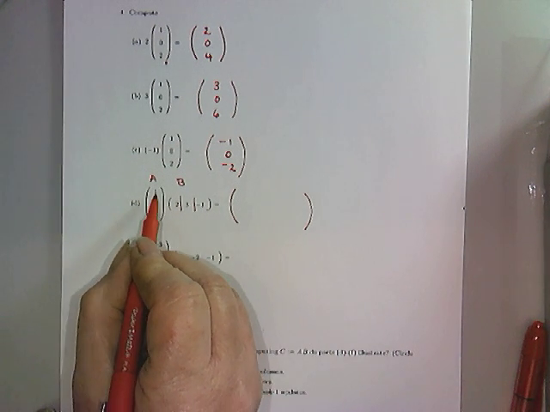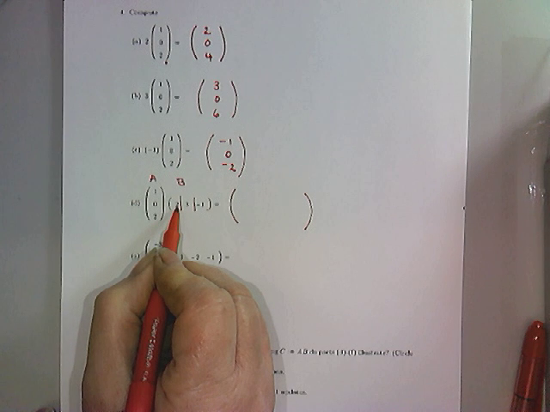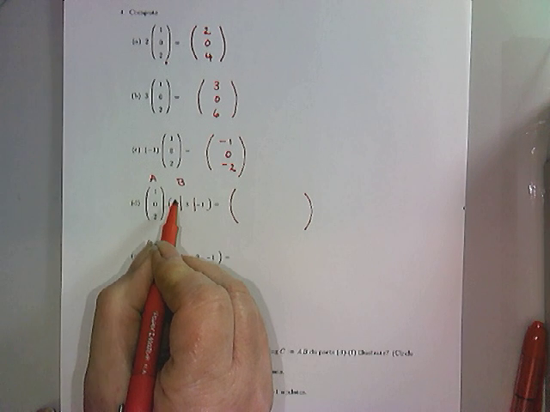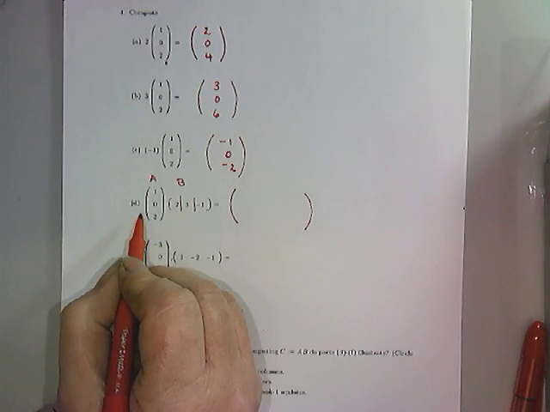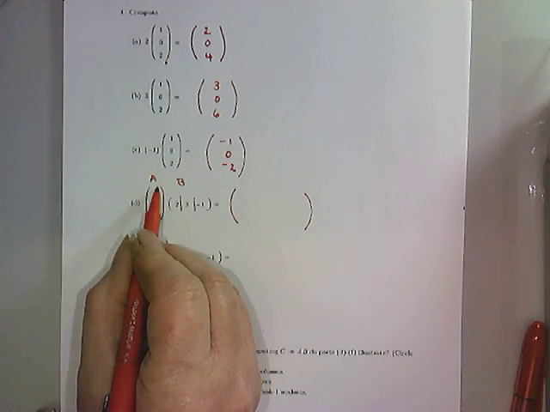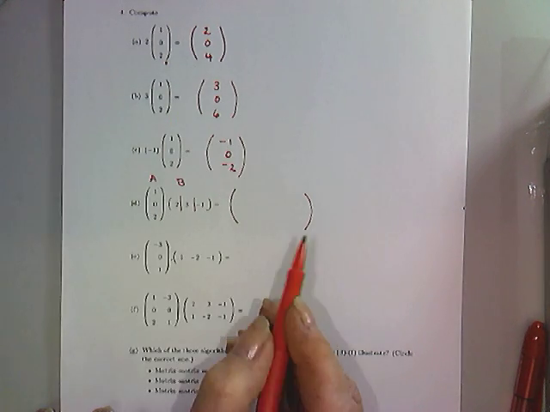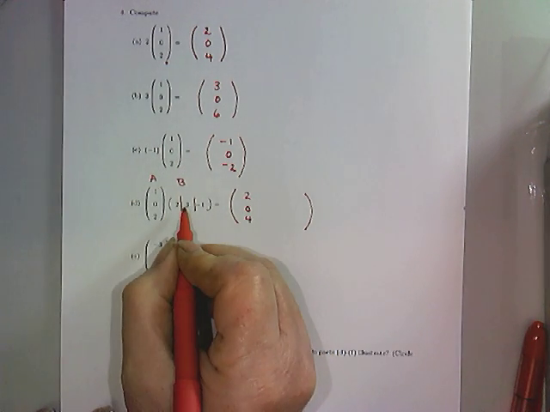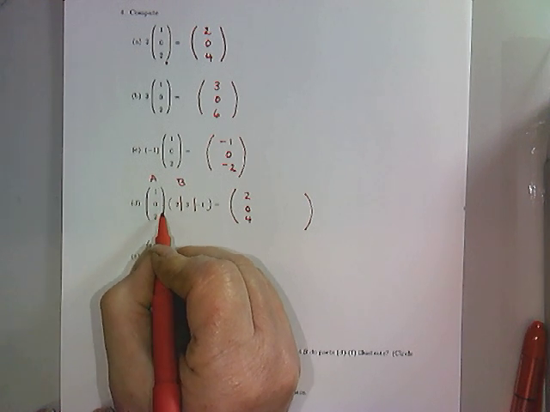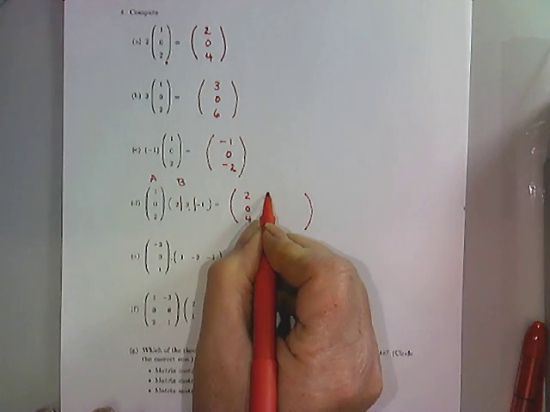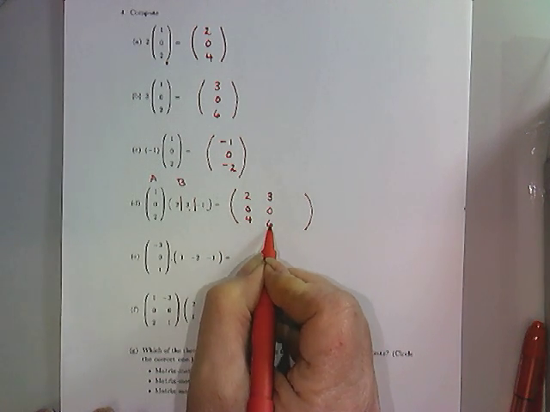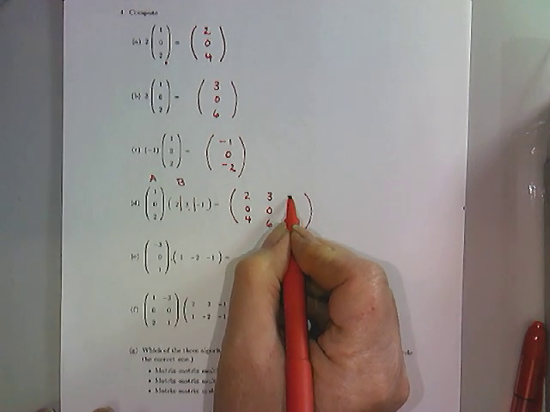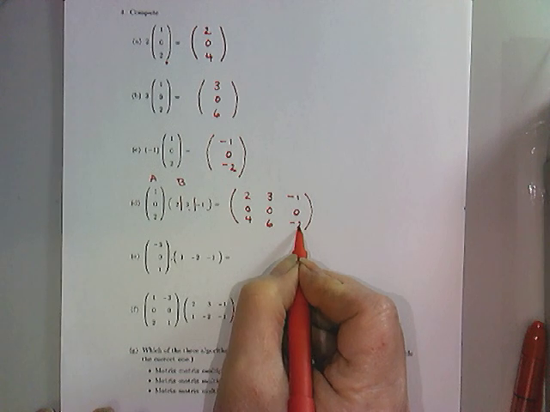And I know that 1, 0, 2 times, these are just scalars for each one of the columns, so I can change the order in which I multiply, and this is equivalent to 2 times 1, 0, 2, which is what I answered in part A. So the result is 2, 0, 4 for the first column. Then for the second column, I'll take this vector and multiply by 3, and the result is 3, 0, 6, my answer for part B. And the last column will be -1, 0, -2.